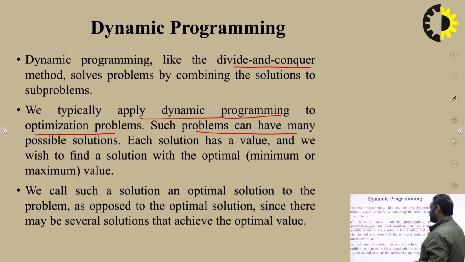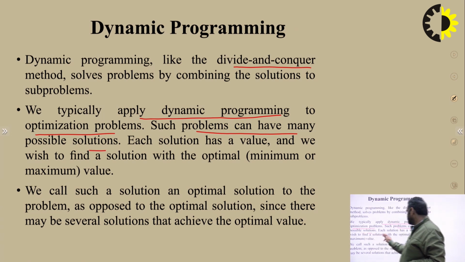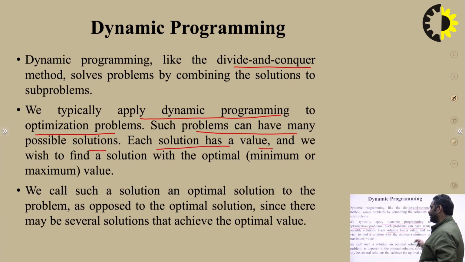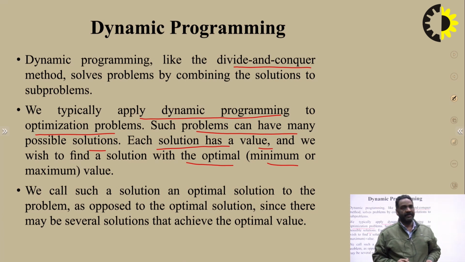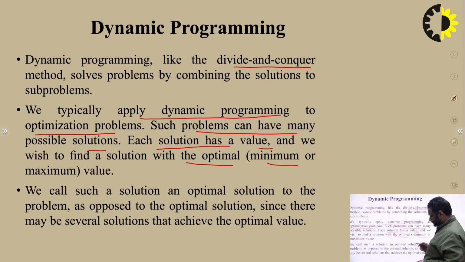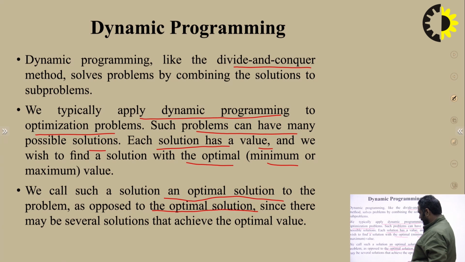Such problems can have many possible solutions. Each solution has a value, and we want to find a solution with the optimal value, that is minimum or maximum. So the problem must be optimal in nature. We call such a solution an optimal solution to the problem, as opposed to the optimal solution, since there may be several solutions that achieve the optimal value.